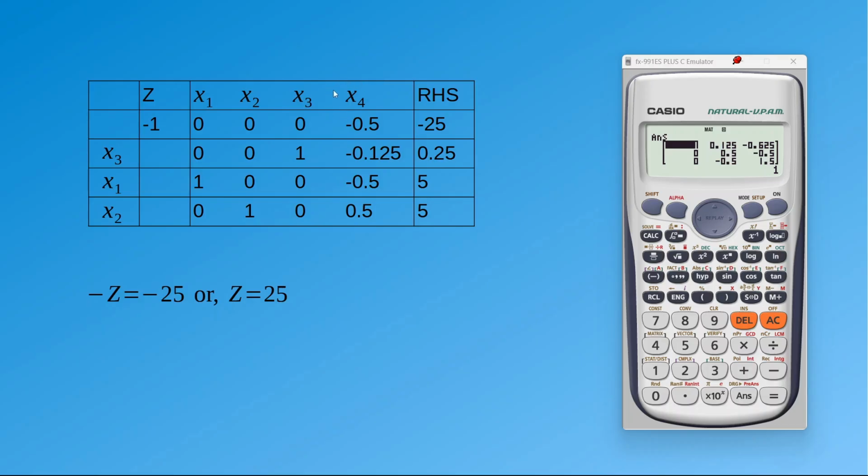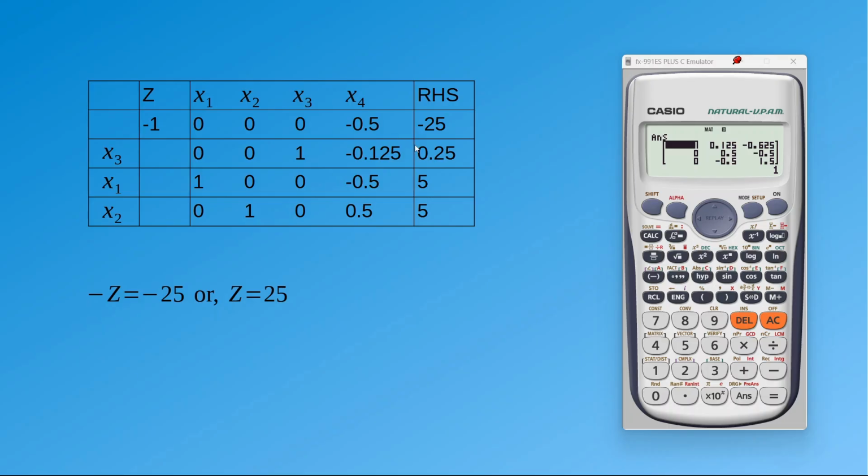If we increase in the direction of x4, it's going to be negative and reduce the objective function. So this minus is an indication that we cannot go in this direction. Therefore, this is the optima.